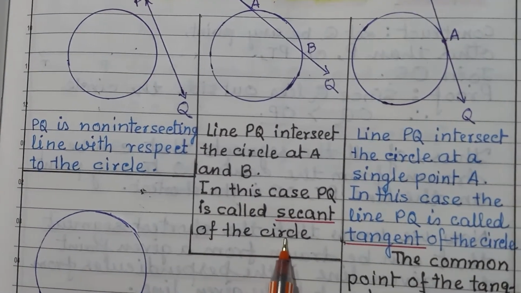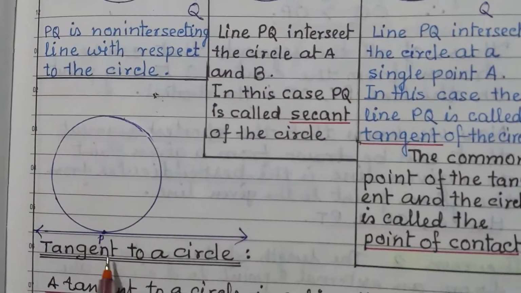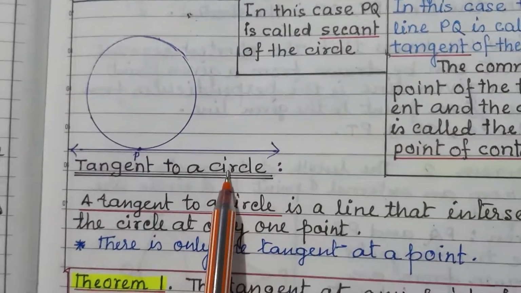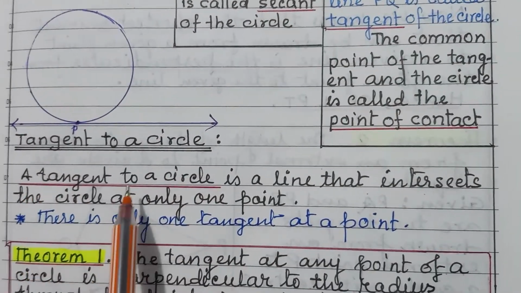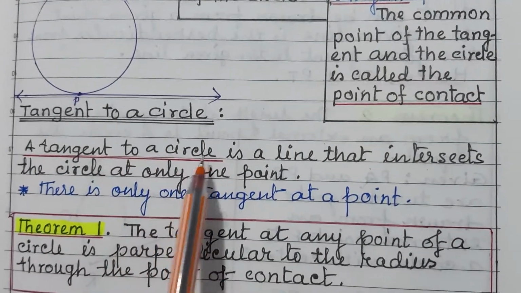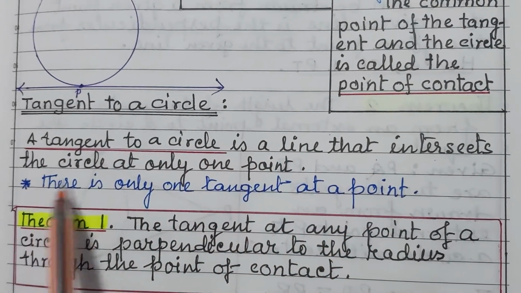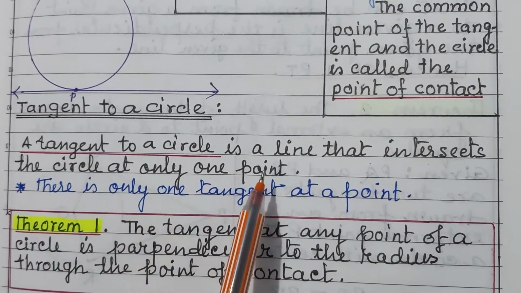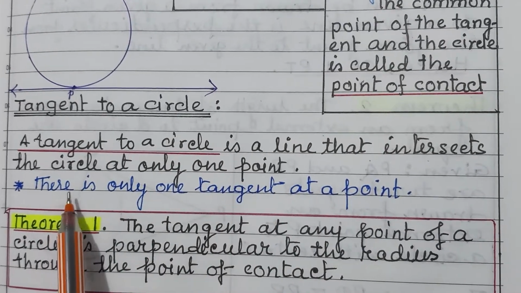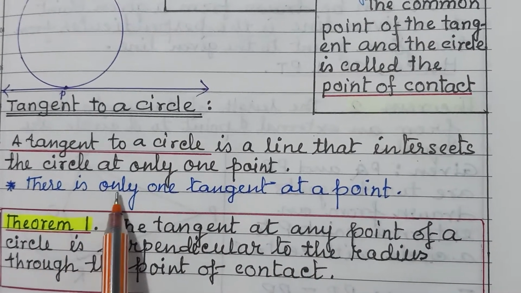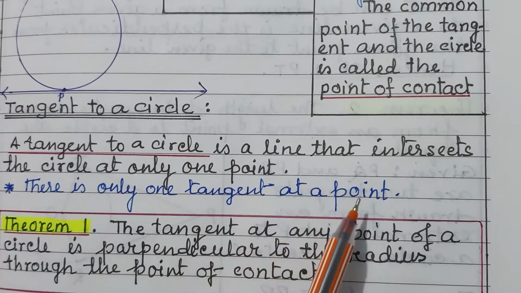Now, the definition of the tangent: the tangent to a circle is a line that intersects the circle at only one point. Thus, there is only one tangent at a point.